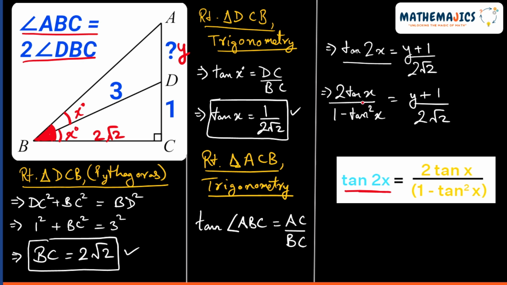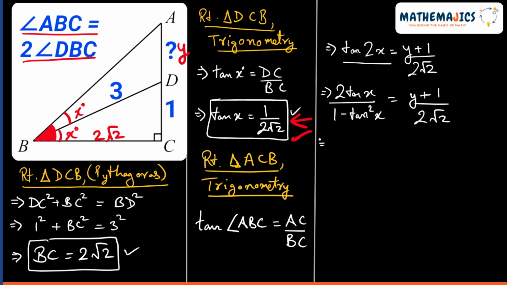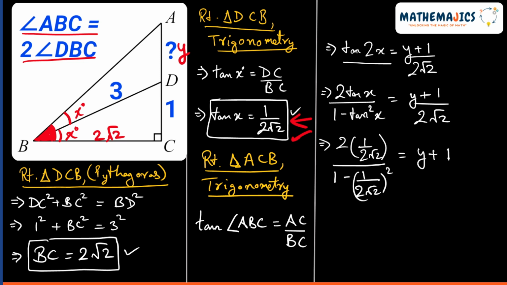We will be using the value of tan x using this equation. Let's see how. Tan x is 1 upon 2 root 2. So this is 1 upon 2 root 2 upon 1 minus 1 upon 2 root 2 whole square. This will give us y plus 1 upon 2 root 2.